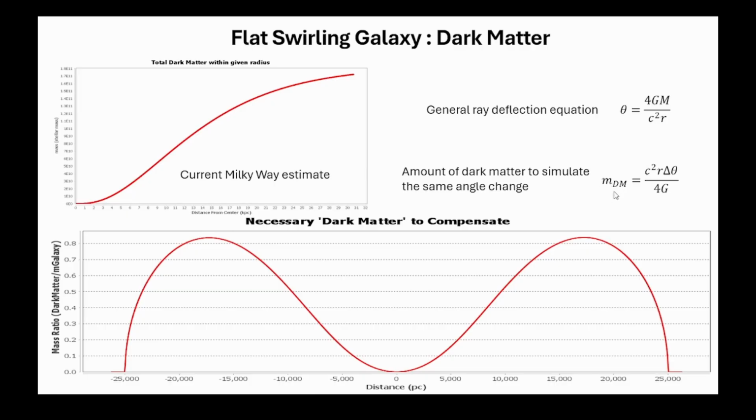somebody that only has dark matter to solve the problem with, we can basically calculate the mass needed here to create the same deflection. So I'm looking at the change of angle due to a rotating galaxy versus purely just being deflected by the mass of the galaxy.